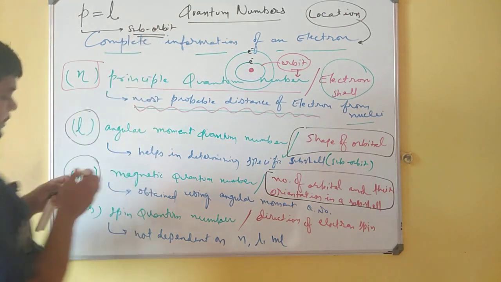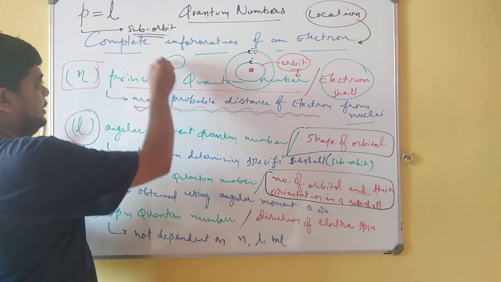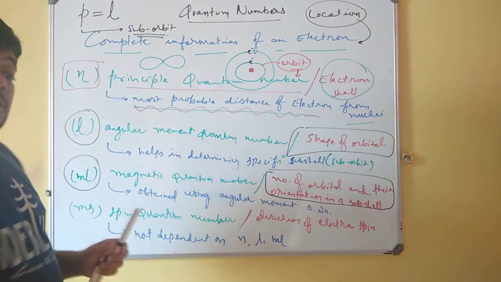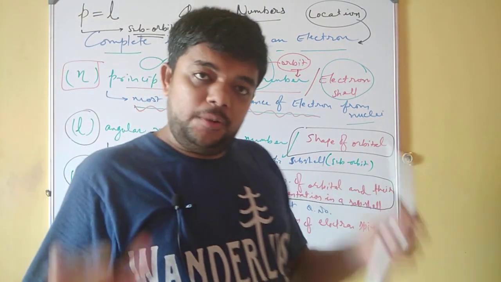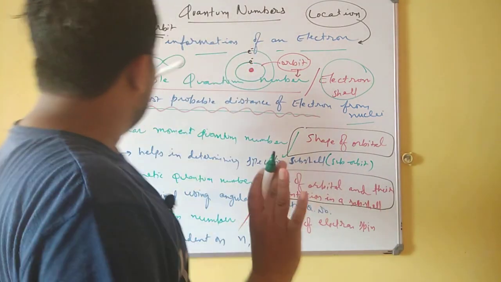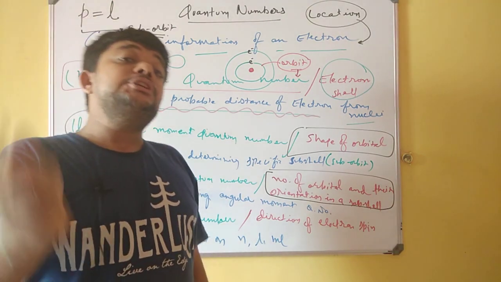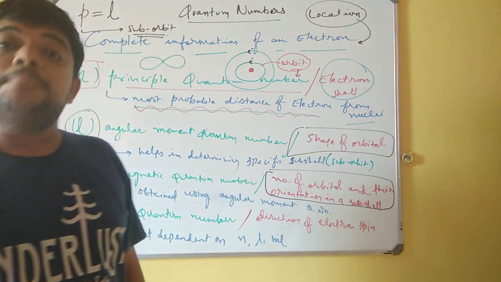Remember this very well. P helps us in defining the shape, that is, the p suborbit will have orbitals having a dumbbell shape. But in what direction would that dumbbell shape be?